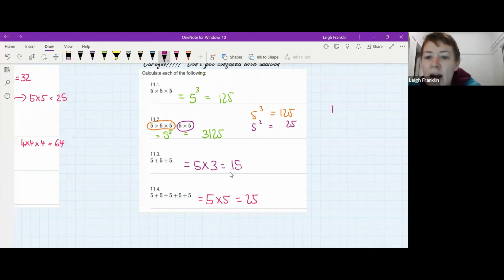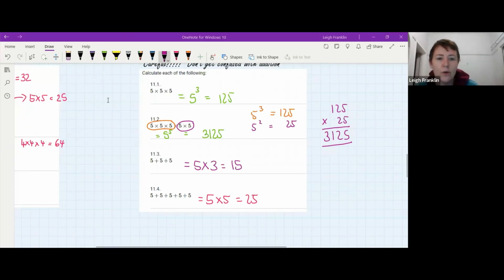So if we multiply 125 by 25, we end up with 3,125 as our answer. You could do long multiplication to work that out if your school did not let you use a calculator.